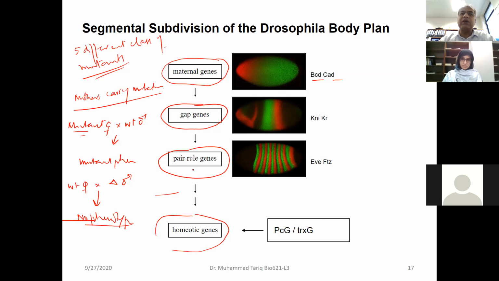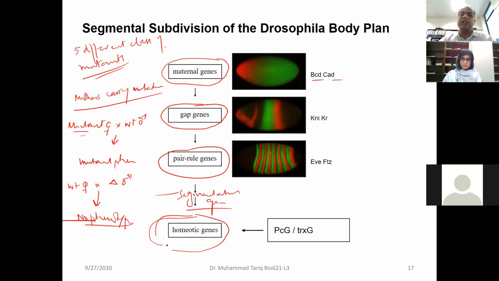The next class was pair rule genes, and pair rule genes were the ones which were expressed in alternate segments of the early stage embryo. And then there was the segmentation gene. Segmentation genes were the class of genes which also result in defects.